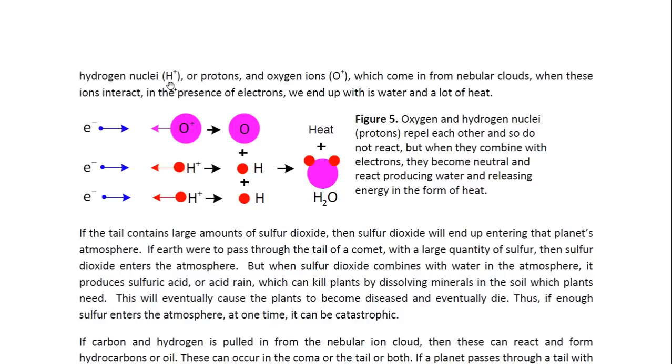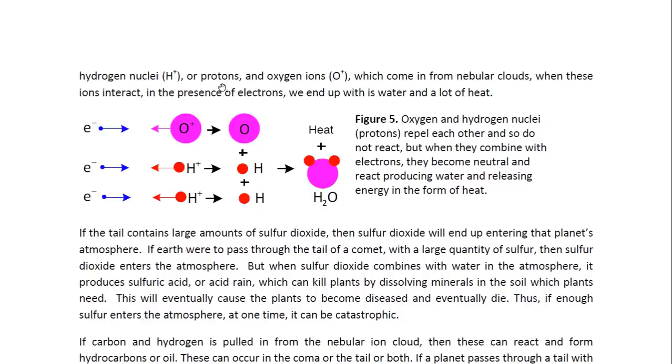Hydrogen nuclei are actually hydrogen ions, and an ion is an atom that has lost some of its electrons, so it's become positive because the protons in the nucleus are positive and there are extra protons in comparison to the number of electrons. Hydrogen is the simplest atom.